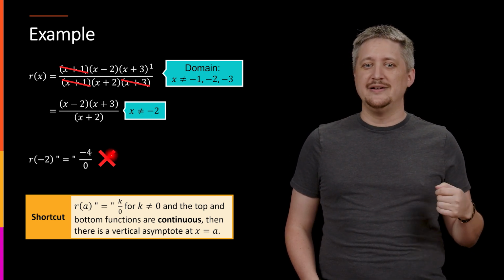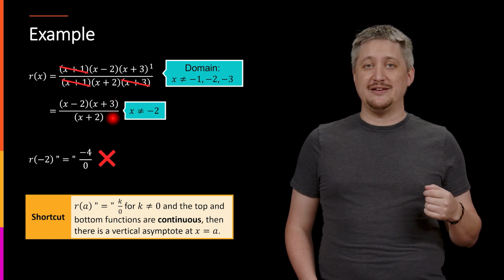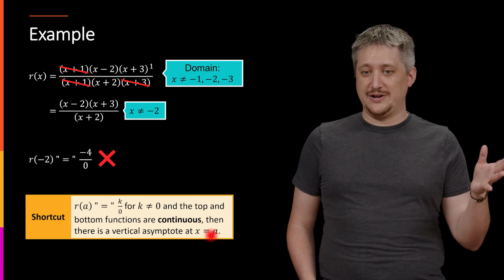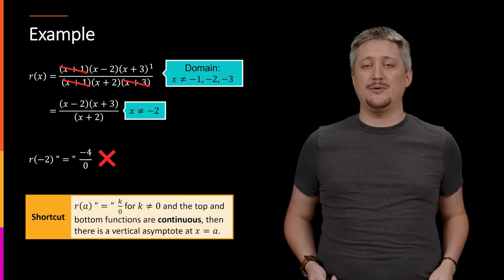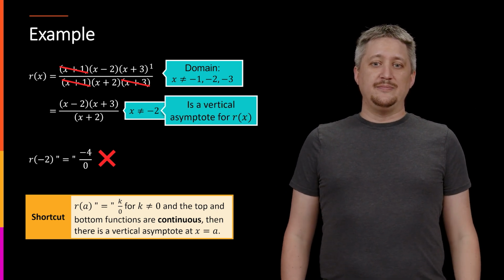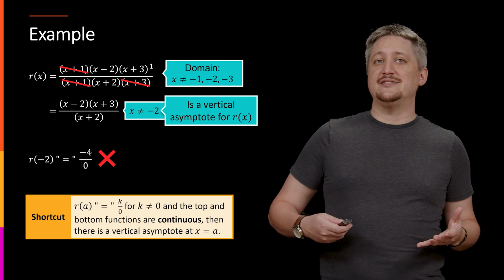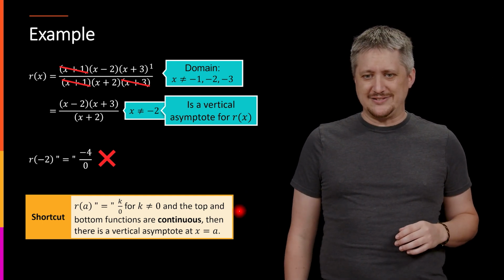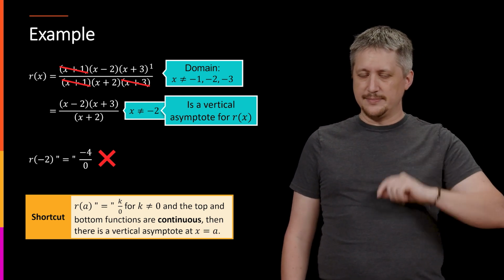That's the one we check. If it ends up being non-zero over 0, and both these functions are continuous at negative 2, that tells me that negative 2, that value that we try to plug in, is a vertical asymptote. So the vertical asymptote of r of x is at x equals negative 2. To be clear, we would write x equals negative 2 is the asymptote, because the asymptote is a line.